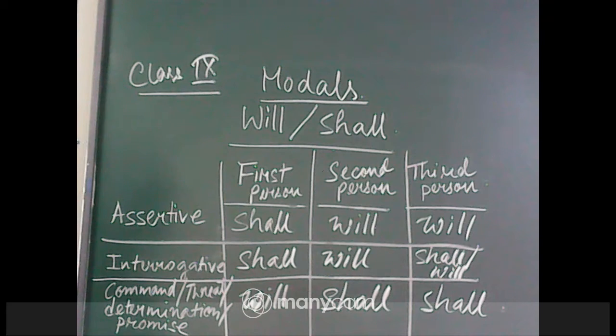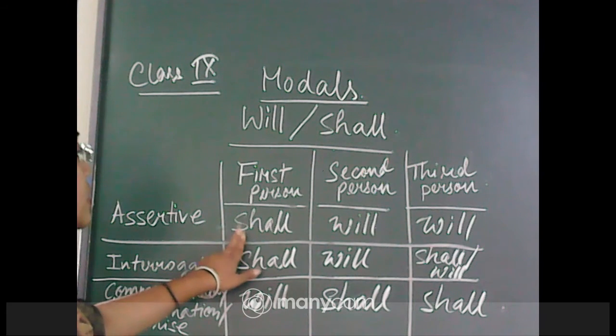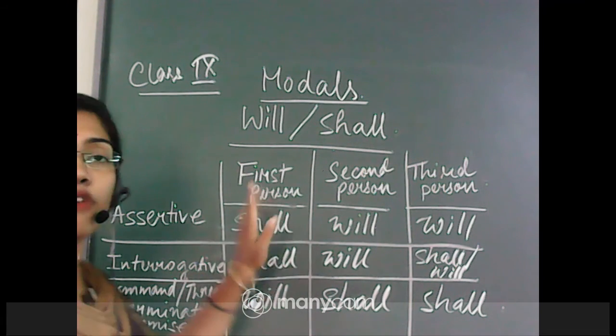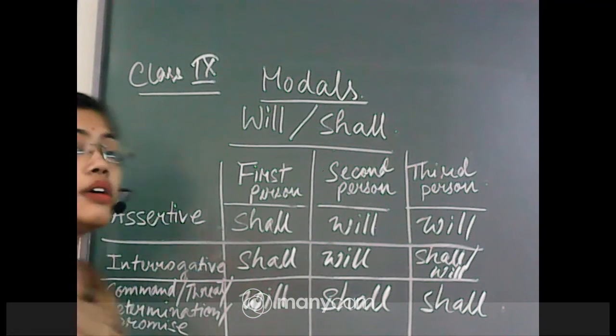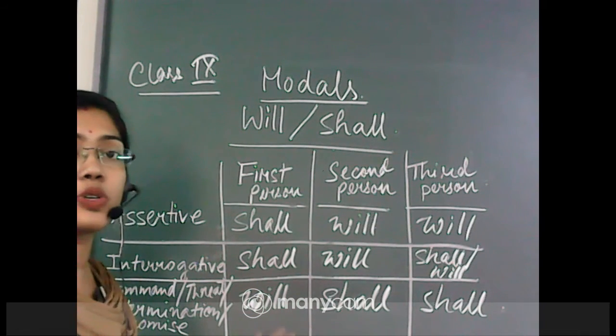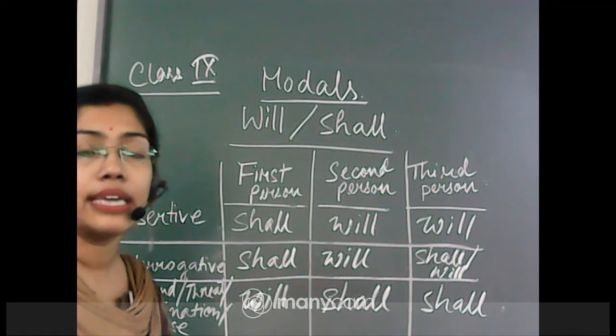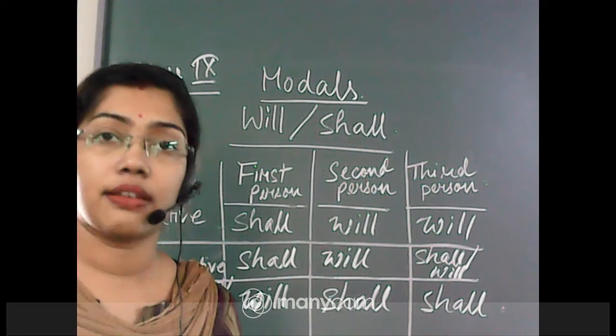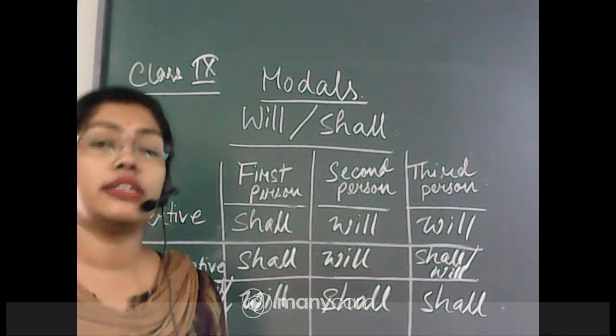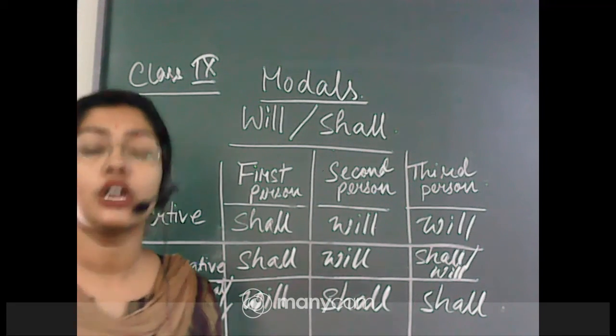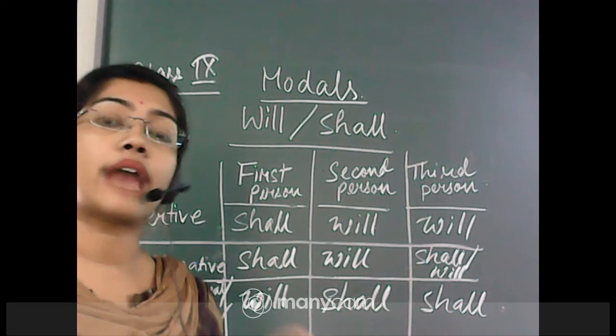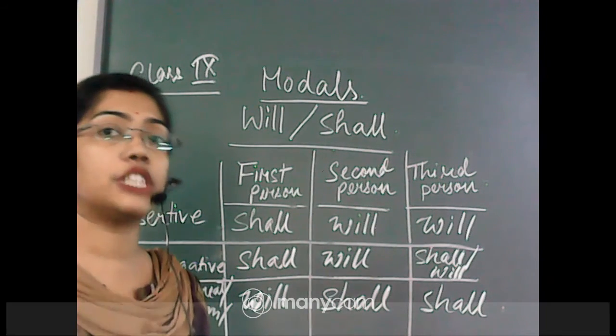First person assertive shall. Okay, this is the traditional form of grammar. Since long ages it has been going on that I and we are expressed through shall. Whenever you are using any future tense, we are using shall for I and we. That is the traditional rule.